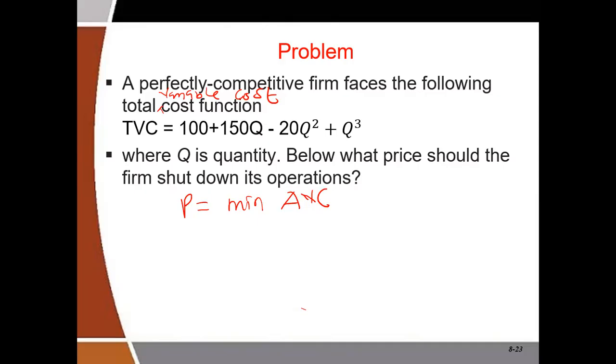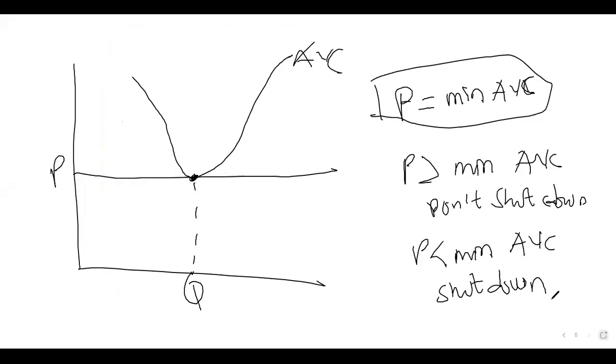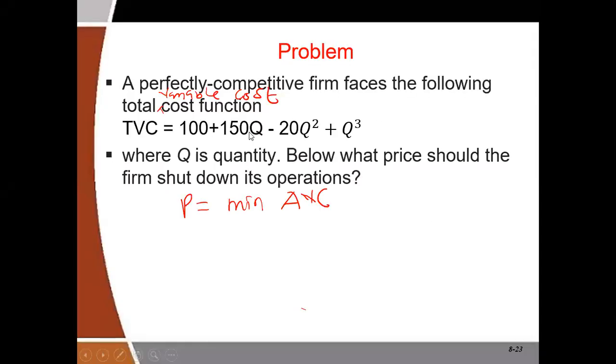The total variable cost is equal to 100 plus 150Q minus 20Q squared plus Q cubed, all right? Okay. So let's find the average variable cost first before we can find its minimum. Sorry, I think it's still total cost, right?